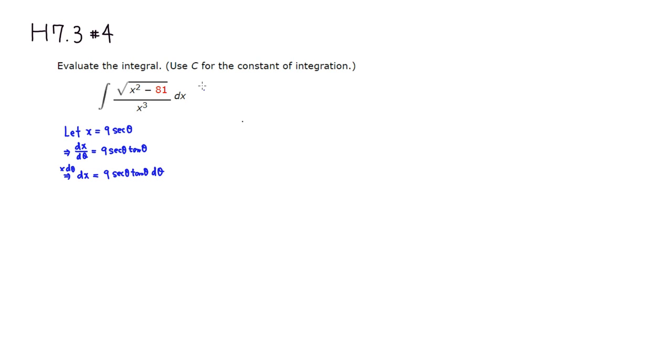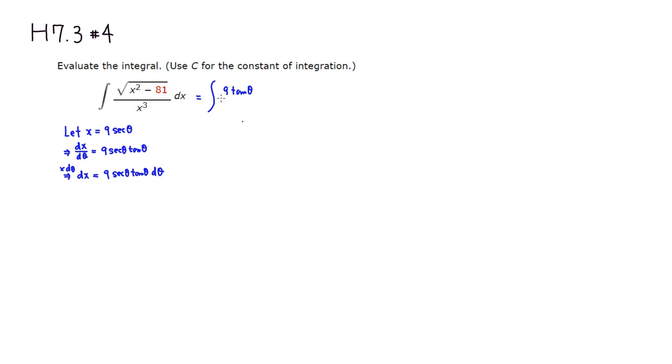All right, so I'll do the substitution. This is going to be equal to the integral. If you plug in, you have 9 squared secant squared minus 9 squared, so you pull out 9, and then secant squared minus 1 is equal to tangent squared. With the square root, it's going to be 9 tangent of theta, which is the square root of x squared minus 81.